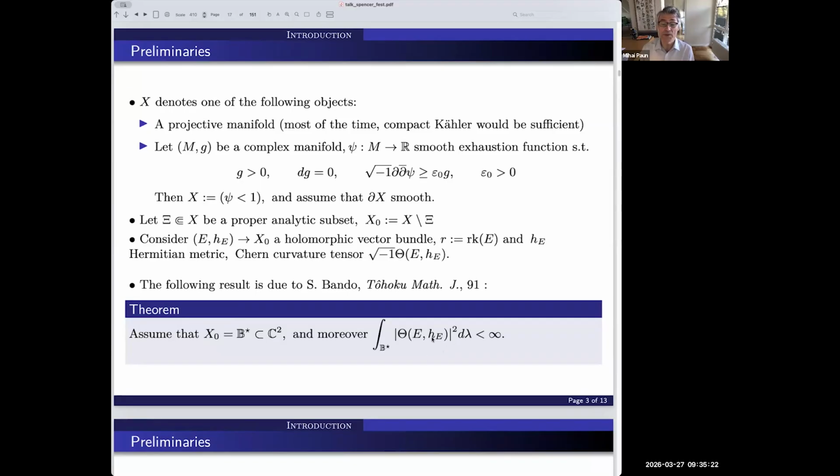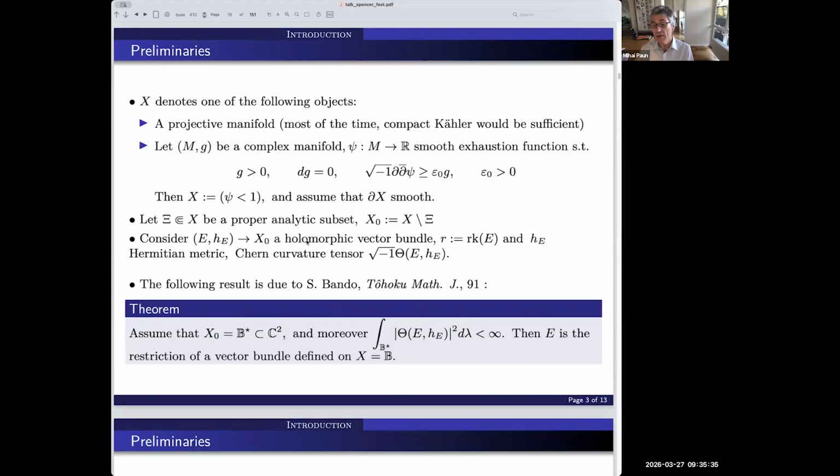Here you need two objects to measure this tensor: the metric h_E itself and the flat metric on C². And then the conclusion is rather strong: E is the restriction of a vector bundle defined on the whole ball. So from this curvature assumption, he derives that the vector bundle extends.